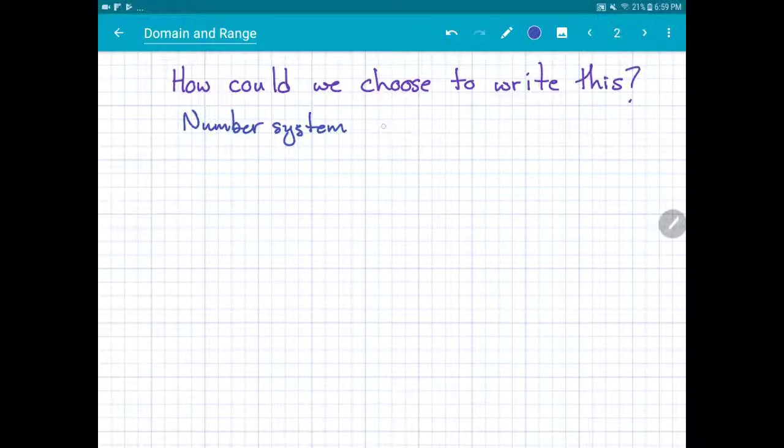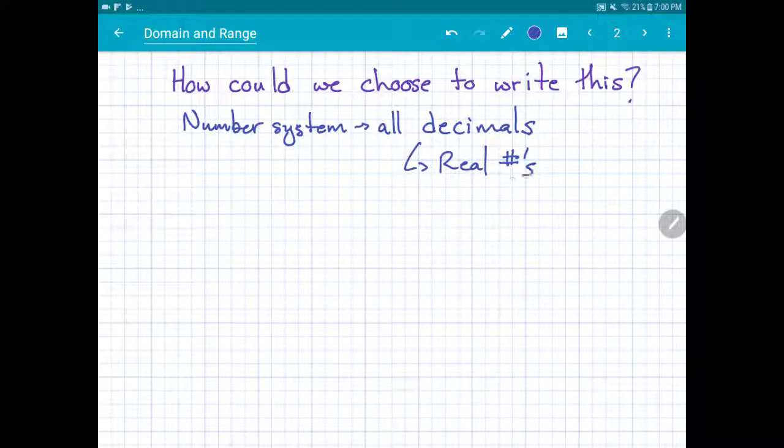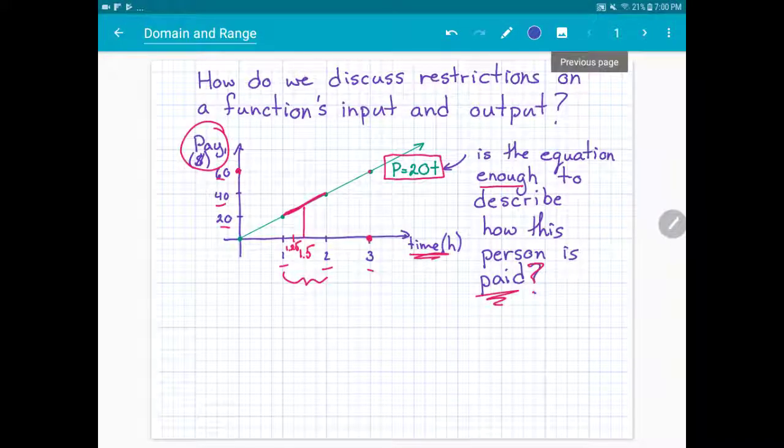So in our case, we want all decimals. So we know our number system, the all decimals one. Now that number system has a name. We call those the real numbers. So we want to say the input can be any real number.